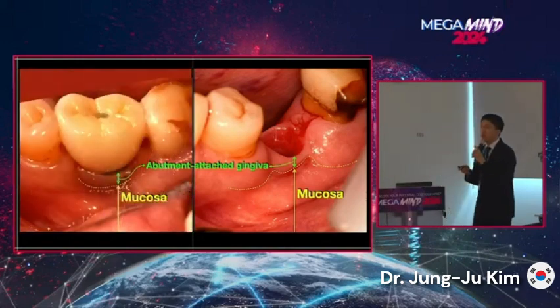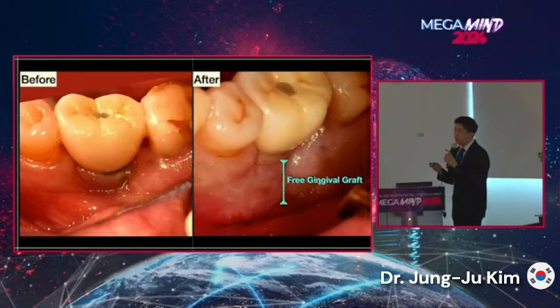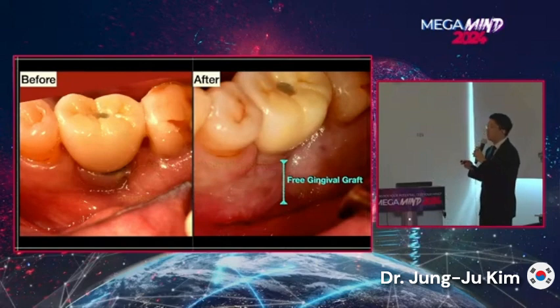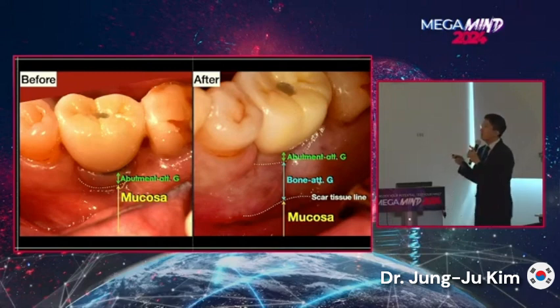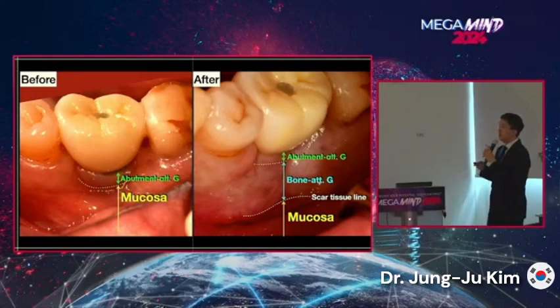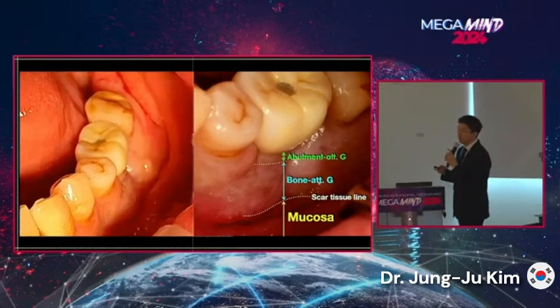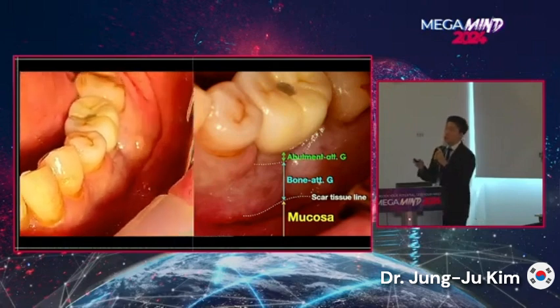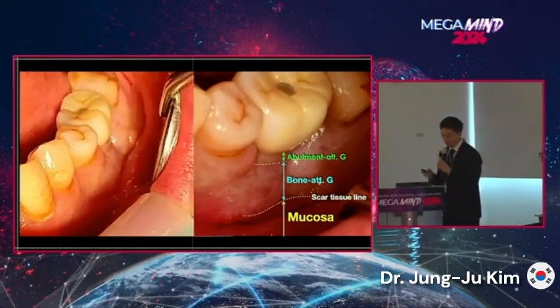The absence of bone-attached gingiva makes the mucosal seal unstable, so I performed free gingival graft on the alveolar bone, and we can see the newly formed bone-attached gingiva between abutment-attached gingiva and mucosa. This strong bone-attached gingiva will prevent detachment of mucosal seal from the movement of surrounding tissues.